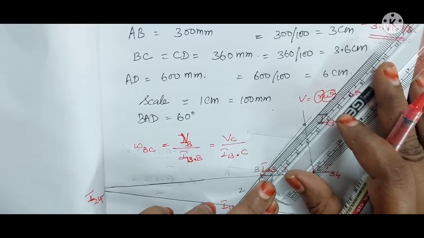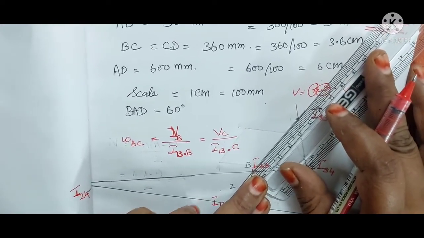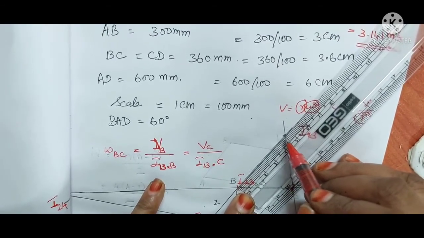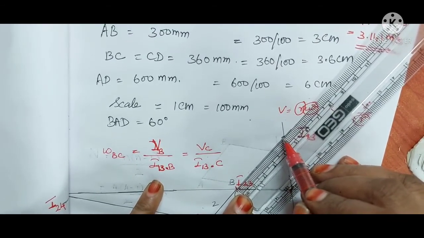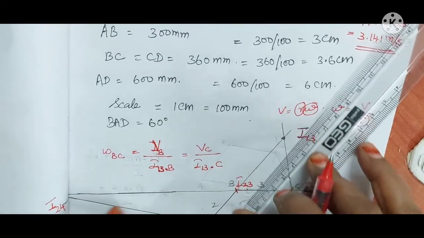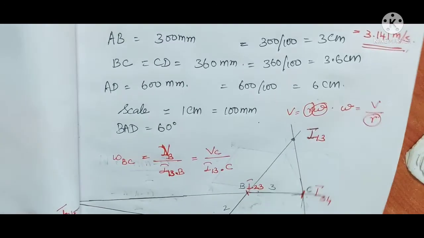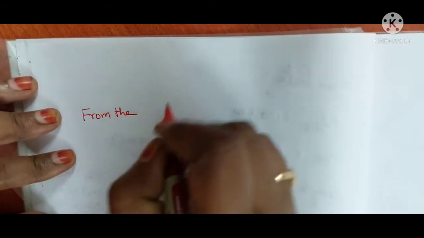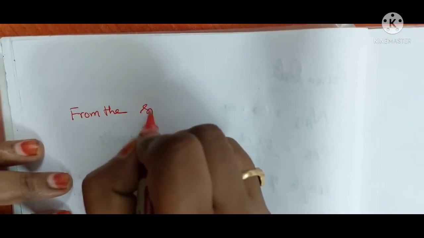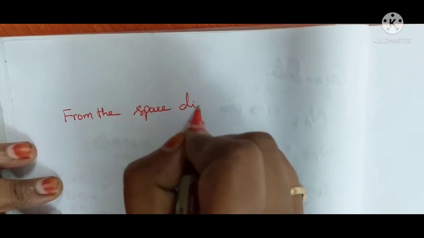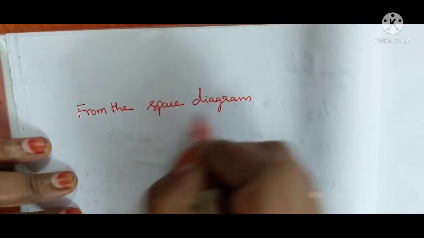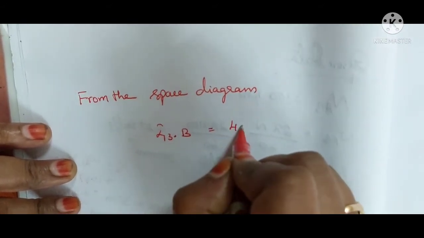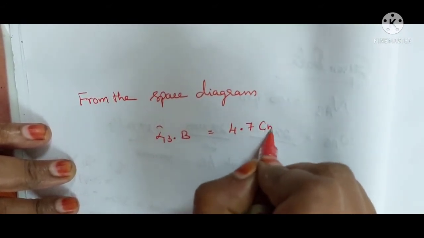Now from this diagram, how much do you need to measure for I13 dot B? From the space diagram, it is measured as 4.7 centimeters. So I13 dot B equals 4.7 centimeters.